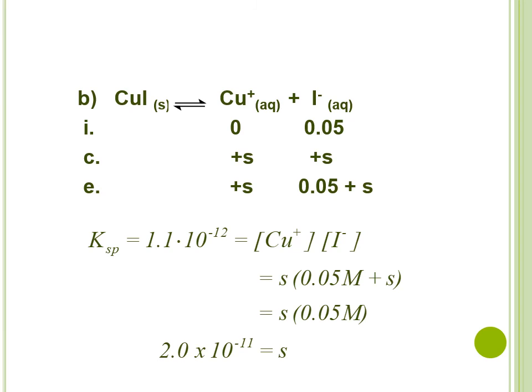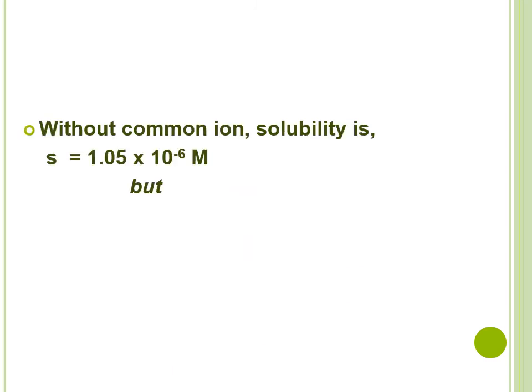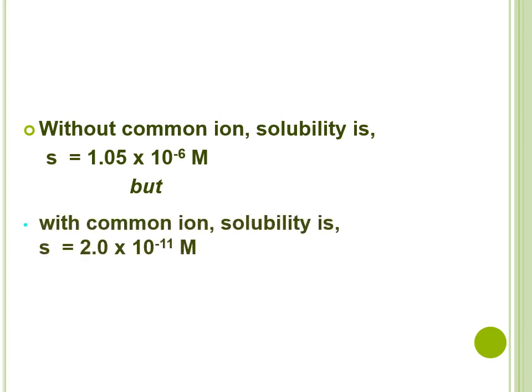So, when we compare the S from both situations, it turns out that copper iodide would become more soluble in pure water. Without common ion, in pure water that is, solubility S is 1.05 times 10 to the power of negative 6 molar.